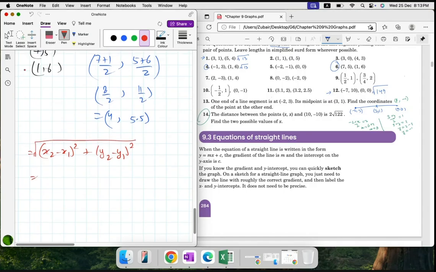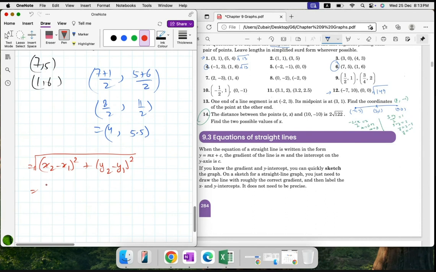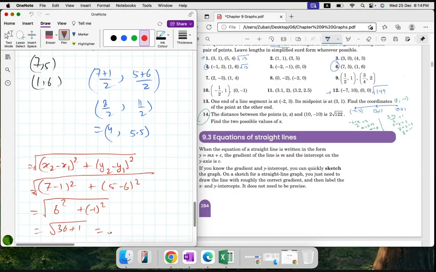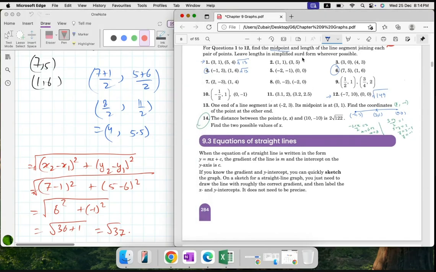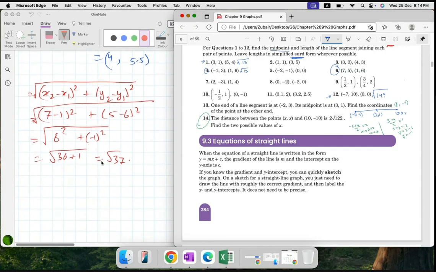So if I'm using those same points, this is 7 minus 1, 6 squared, and minus 1 squared. Obviously, it would turn out as a positive number. And the final answer is square root 37. The question said leave it in surd form where simplification is not possible. Okay.